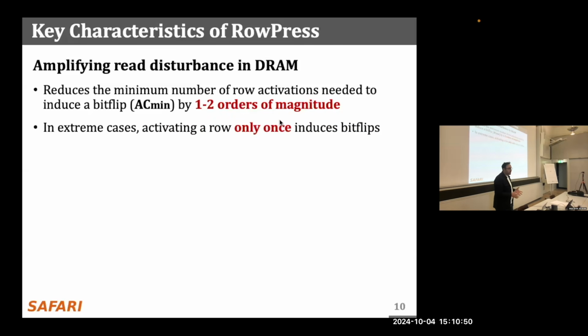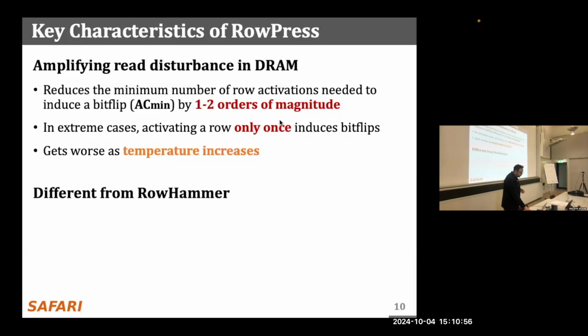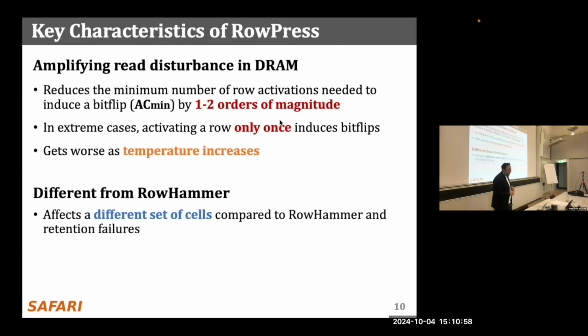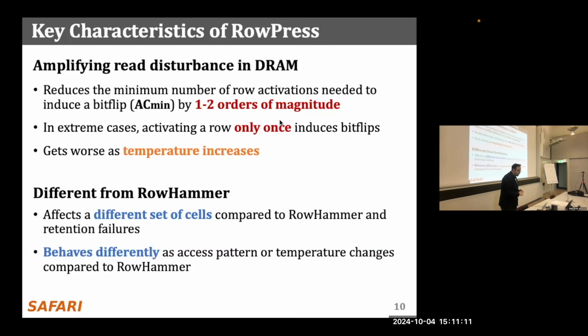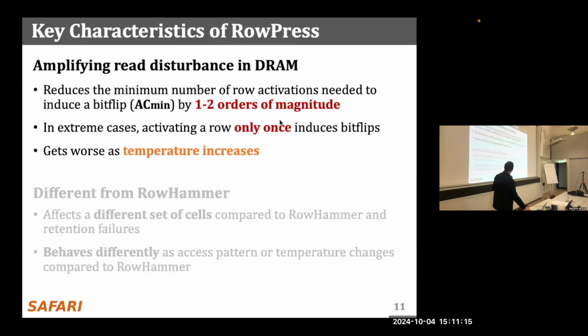In extreme cases, only one activation is enough, and it gets worse as temperature increases. It is different from RowHammer because it affects a different set of cells. When you look at the intersection of the sets of cells that are vulnerable to RowPress and RowHammer, it seems quite disjoint. And it behaves differently as access pattern or temperature change compared to RowHammer.